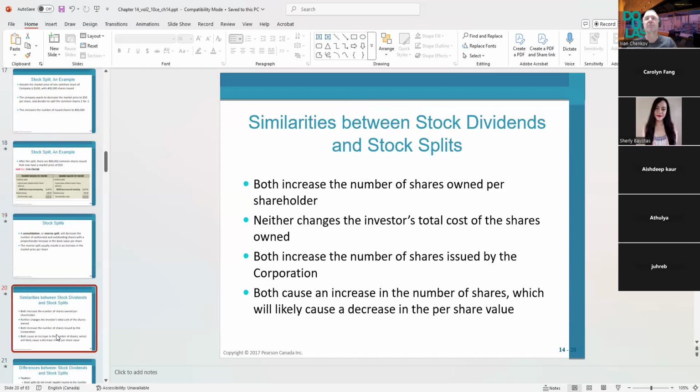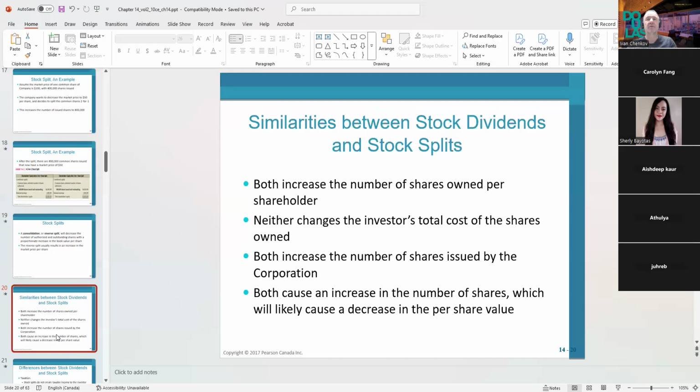What's similar between a stock dividend and a stock split? The similarity is that both increase the number of shares owned by the shareholders. Neither of those changes the investor's total cost of the shares owned.